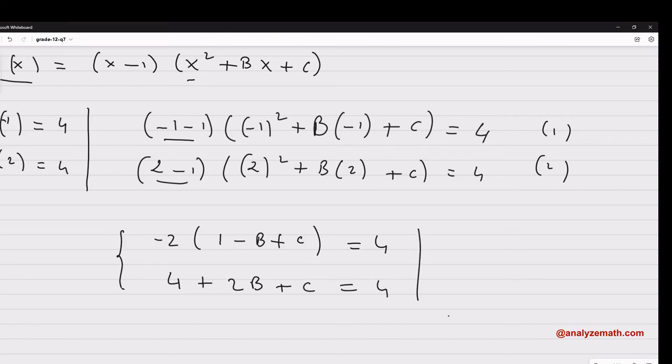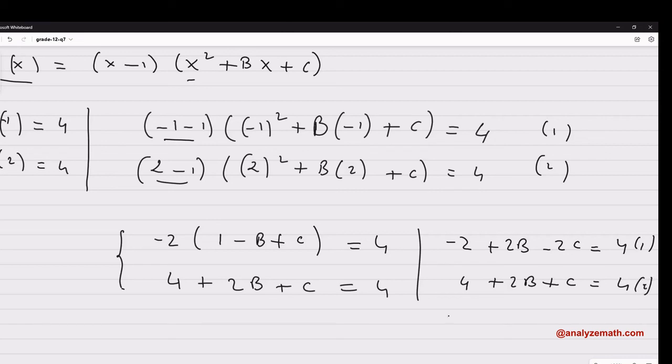Now the top one can be written as −2 + 2b − 2c equal to 4, and the lower one will be written as 4 + 2b + c equal to 4. Let's call them 1 and 2 again.